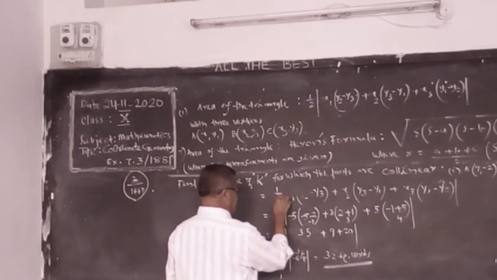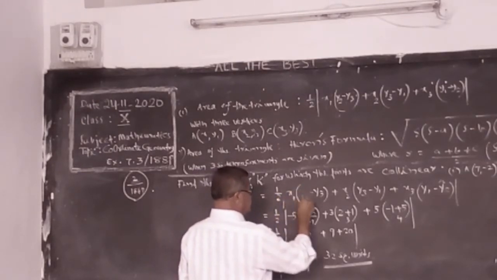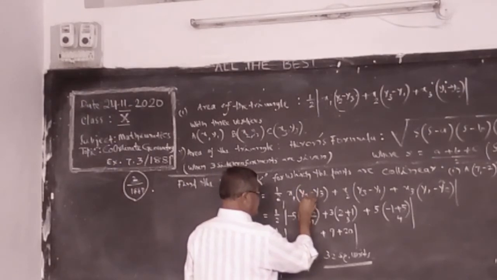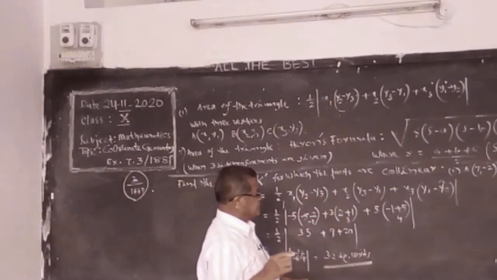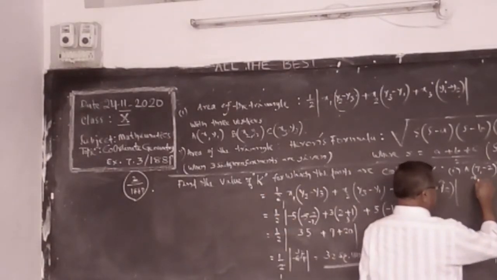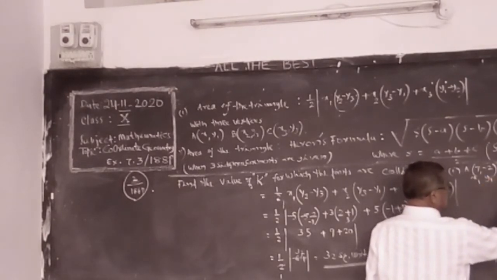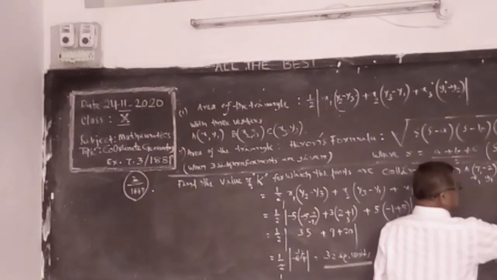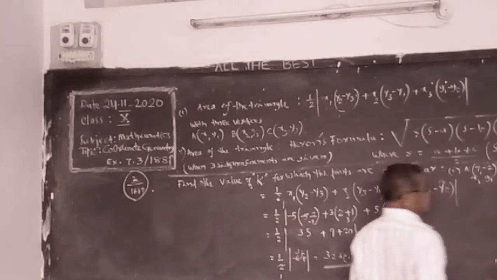Area of triangle is half of x1 (y2 minus y3) plus x2 and so on. Here the coordinates are given: first coordinate x1, y1, second coordinate x2, y2, third coordinate x3, y3.